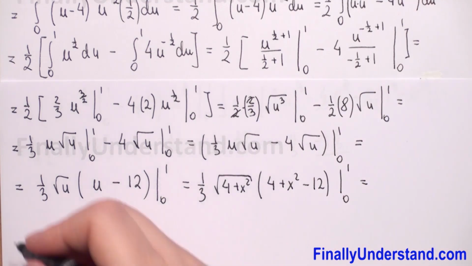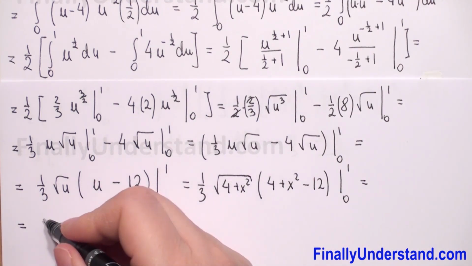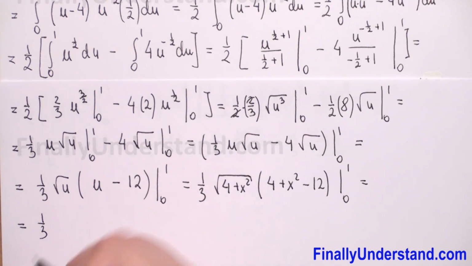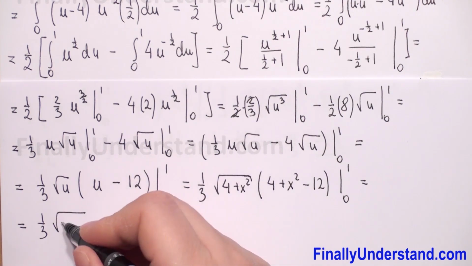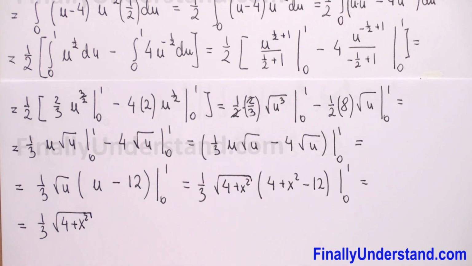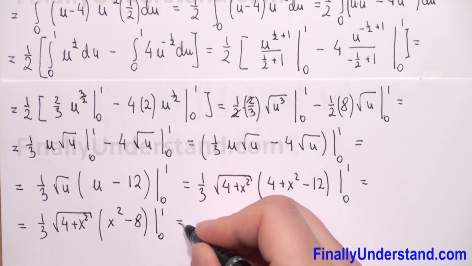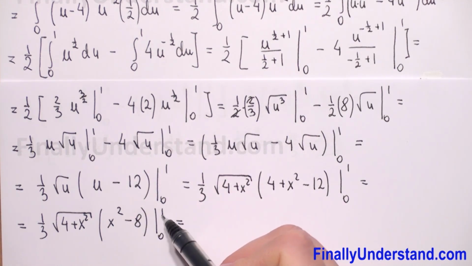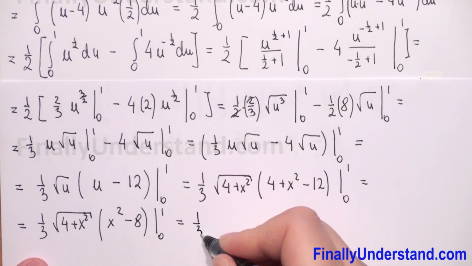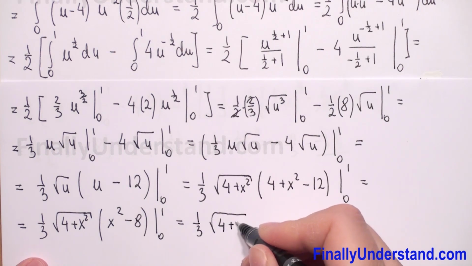So this is equal, and we have 1/3 square root of 4 plus x squared, and in parentheses we will have x squared minus 8, limits from 0 to 1.